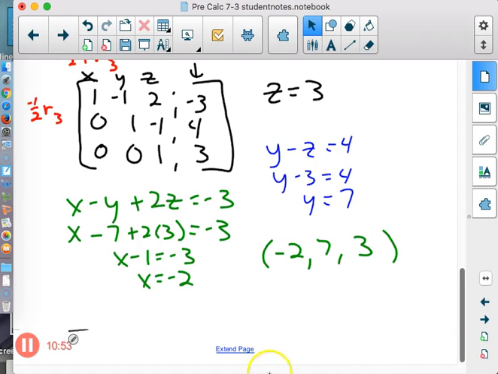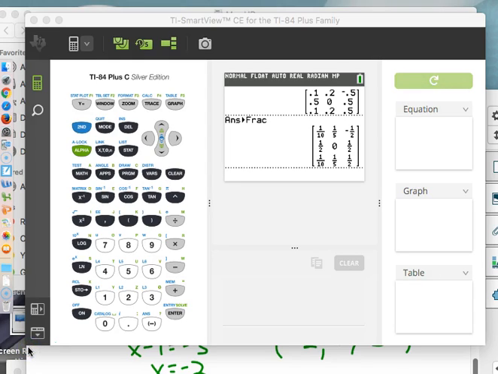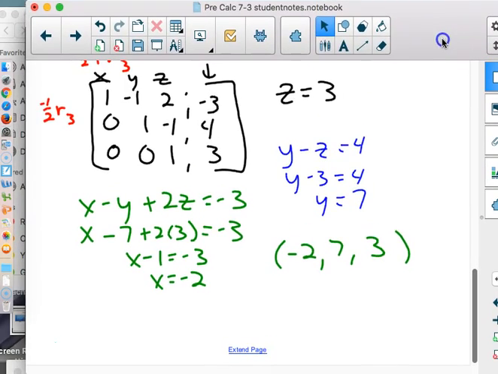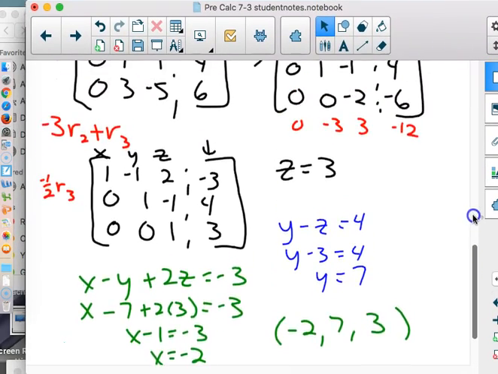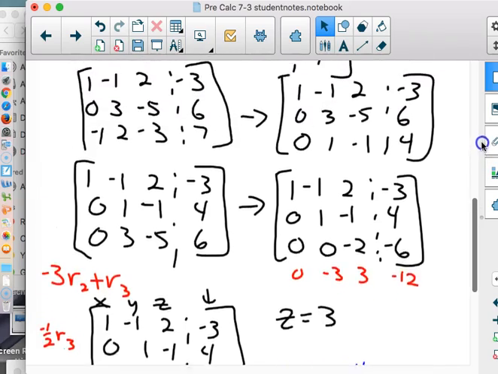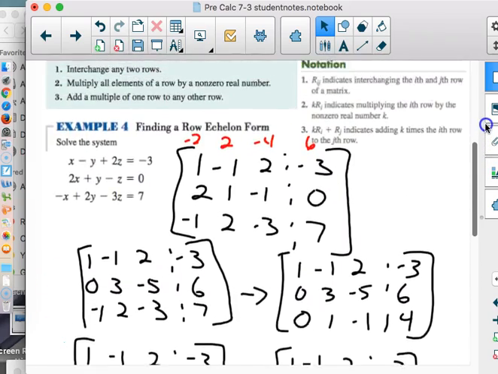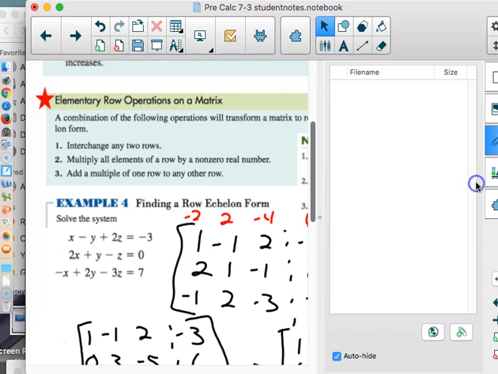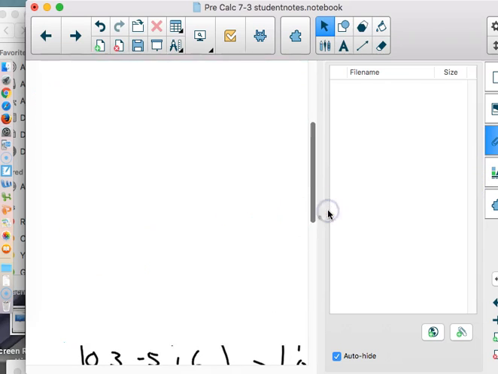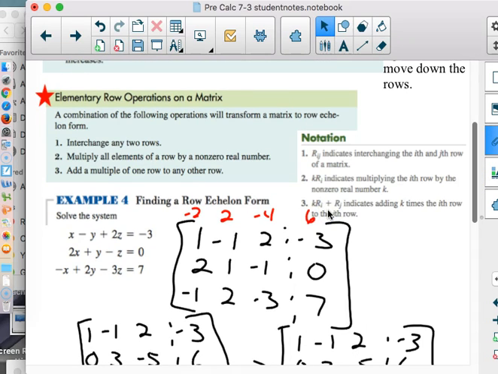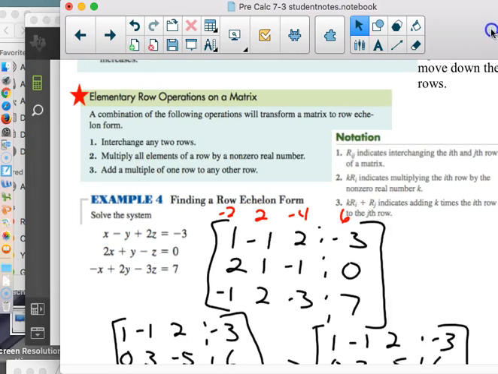Grab your calculator while I enter the original matrix into the calculator. And that would be the very first matrix that we wrote, this one right here. So let's go get that one in. And then we'll find that row echelon form.